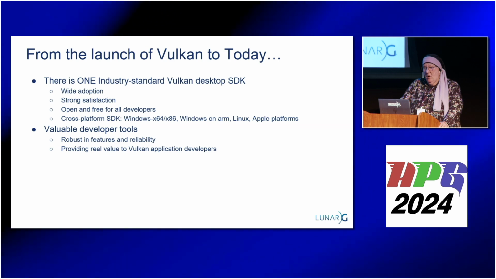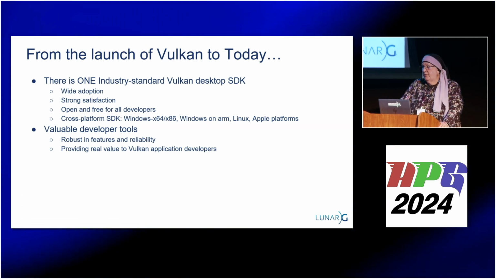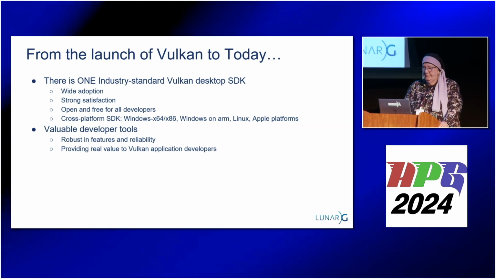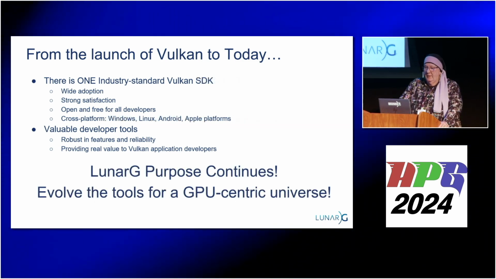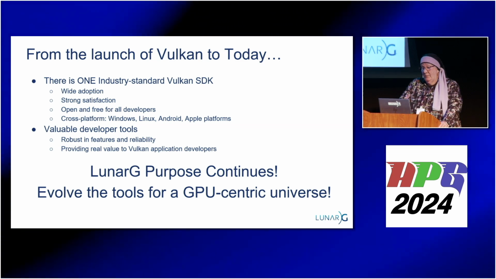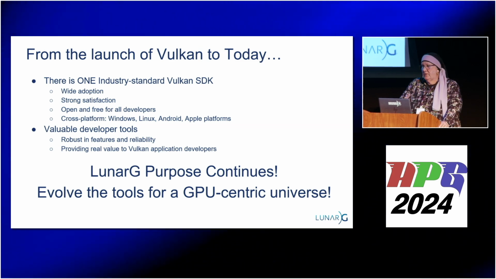And the tools are valuable. They are robust in features and reliability, and they are providing real value to the Vulkan application developers. And of course, the LunarG purpose will continue because we are driven to figure out how to evolve these tools for this GPU-centric universe.